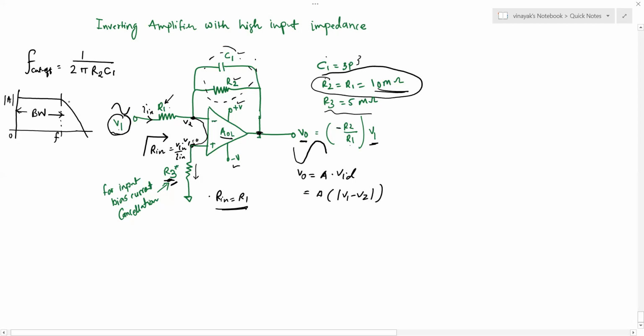Okay, and then this is called the unity gain frequency, unity gain bandwidth, where your gain is actually unity or equal to 1, and the frequency at which this happens is called UGB. Okay, this is your minus 3 dB point, minus 3 dB frequency, where you actually get this cutoff frequency or the pole frequency. So that is decided by the values of R2 and C1.